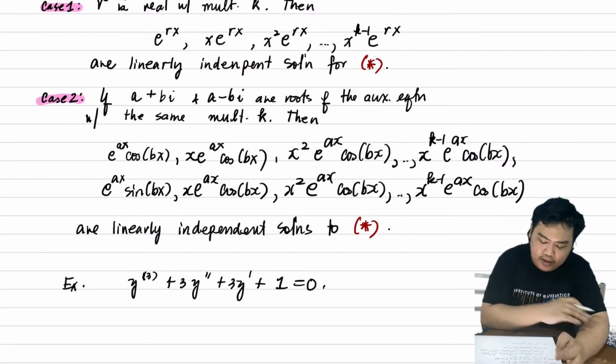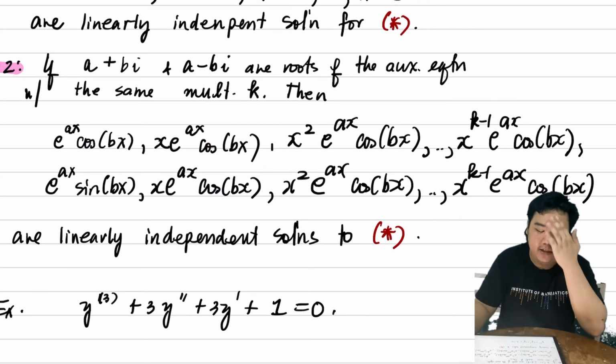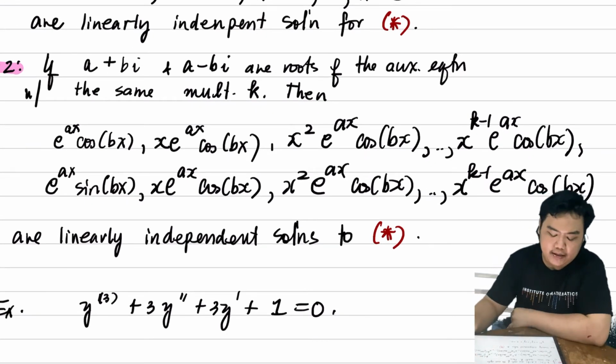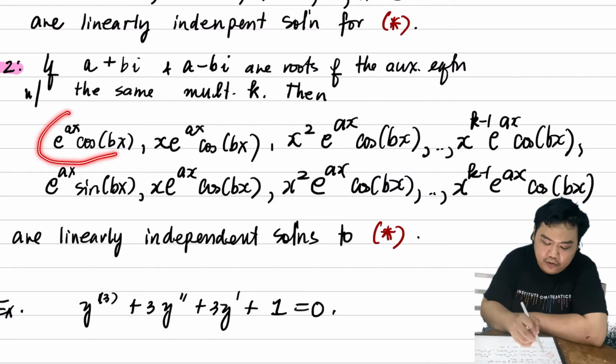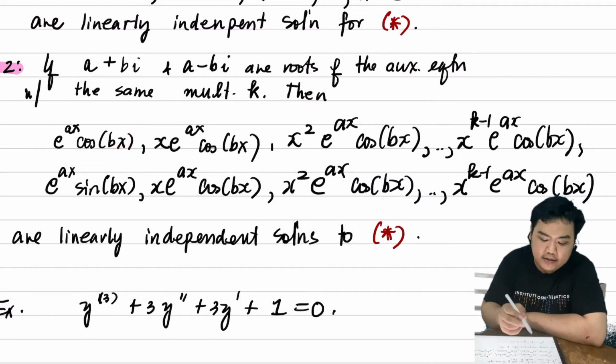Okay. So, observe lang natin para hindi siya masyadong masakit sa mata. So, anong nangyayari? Yung pinakauna, you start with e to the ax cosine bx. Then the next one, you just multiply it by x. Multiply it again by x. And then you multiply it by x hanggang umabot ka dun sa dulo, dun sa ang exponent is k minus 1.